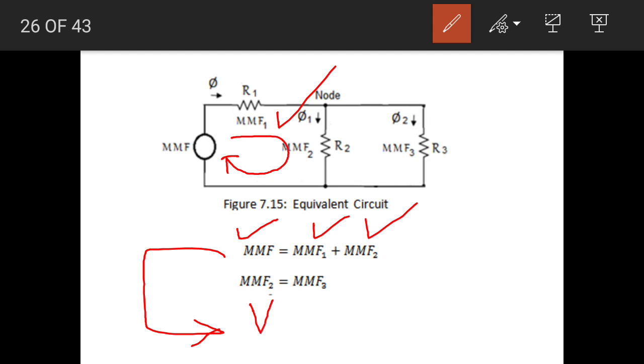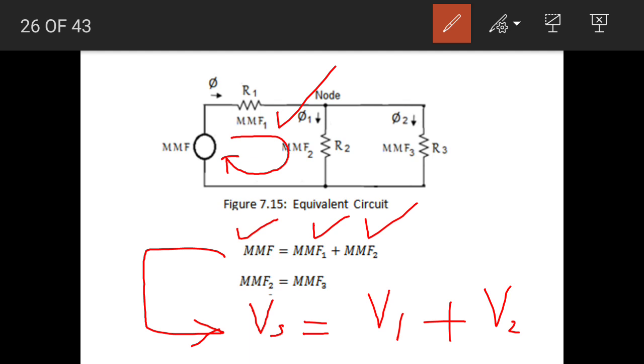We discussed this particular equation in the electrical circuit. The voltage across the source will be equal to the voltage across the resistor R1 plus the voltage across the resistor R2. So this equation is analogous to Vs is equal to V1 plus V2.